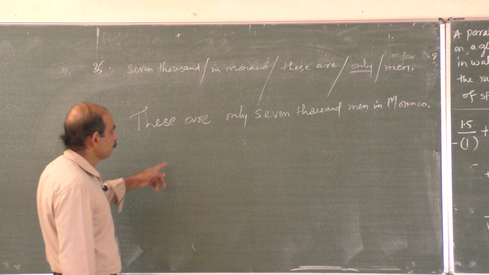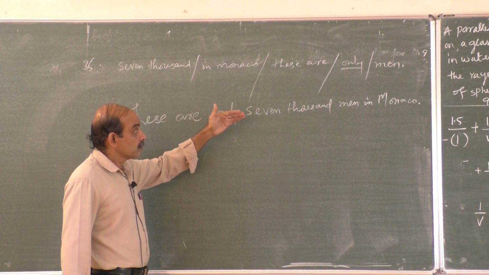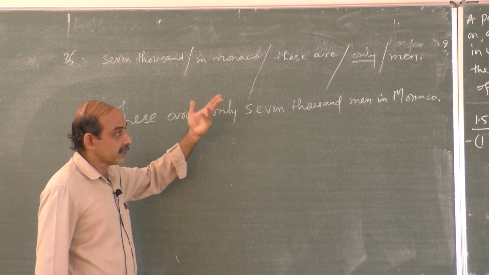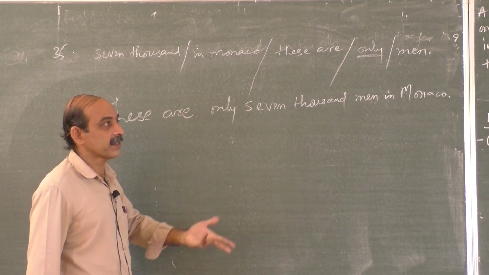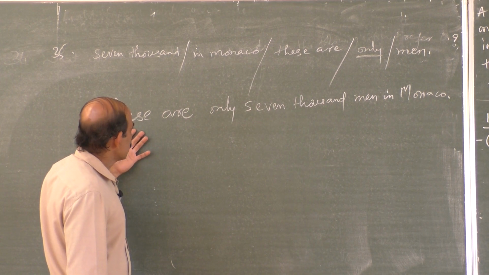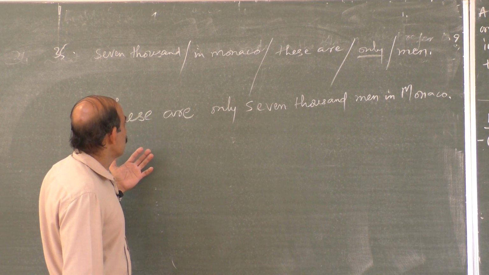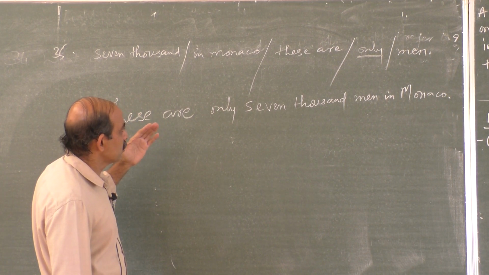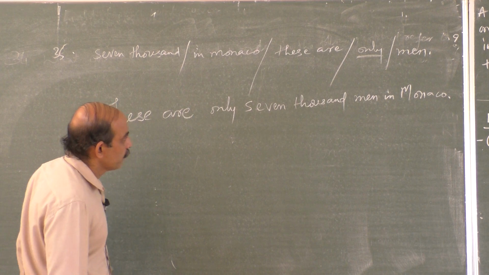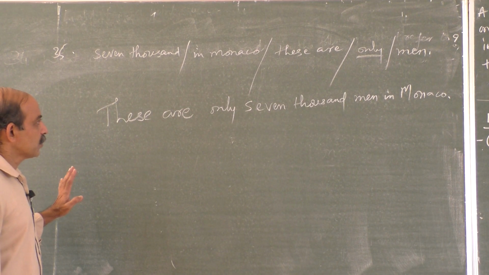And that is why, after going through it the second or third time, I have told you that those sentences are wrong, and now I have written this: these are only 7,000 men in Monaco. But this sentence also doesn't give a good meaning here, but there is no other option available.